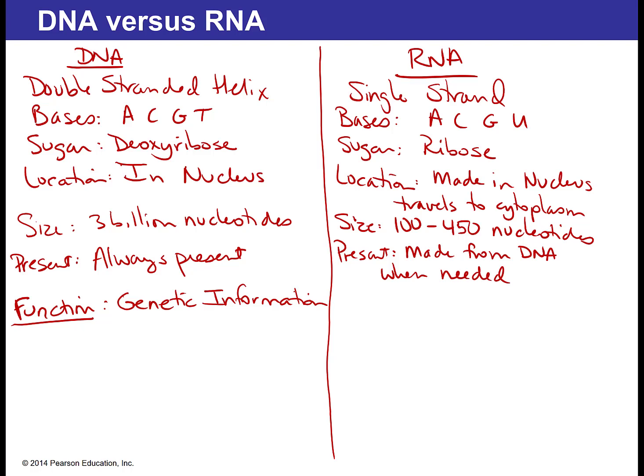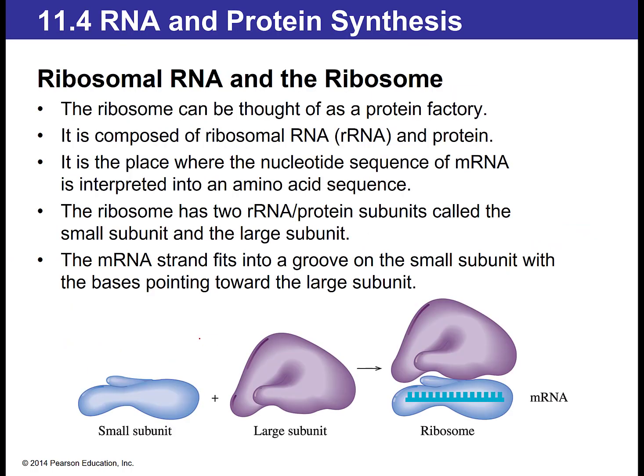DNA controls protein synthesis. The development of the cell is controlled by the DNA. Everything that is needed to get you from a single fertilized egg to the trillions of cells that you are today is all from the DNA.